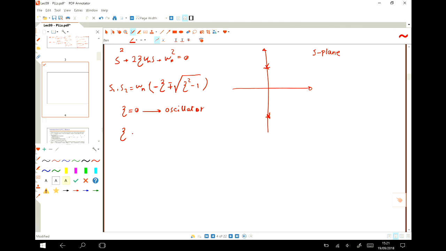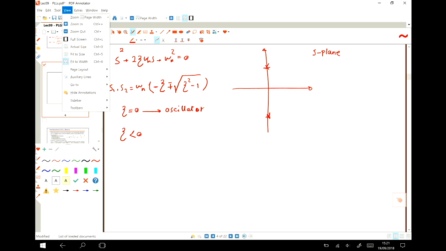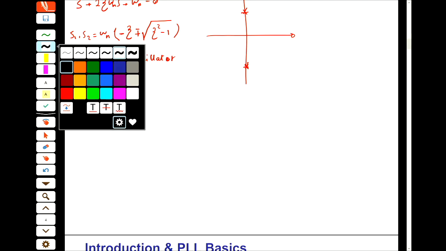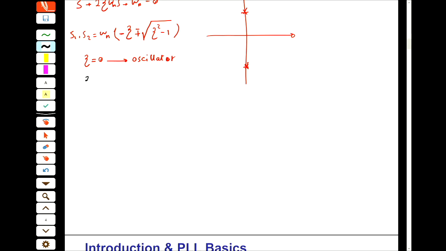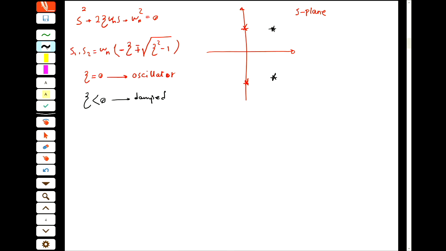If zeta is less than 0, then the system is unstable. And for zeta greater than 0, the system is underdamped, which is here.